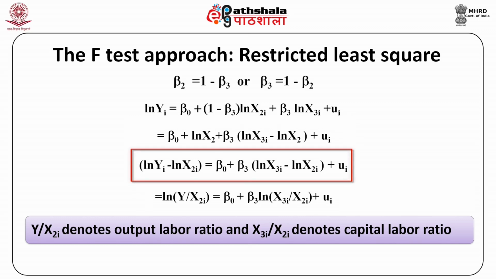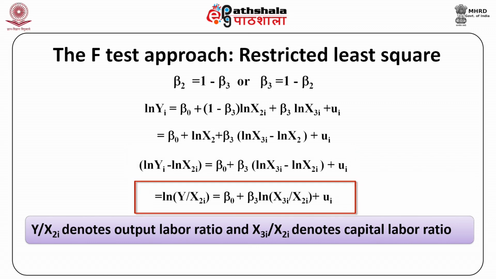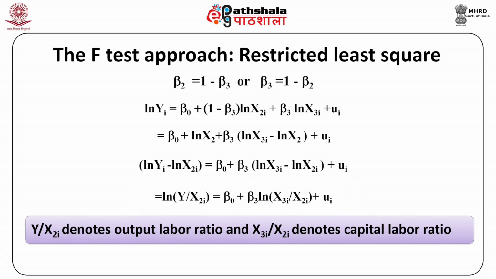Ln yi minus ln x2i is equal to beta 0 plus beta 3 bracket open ln x3i minus ln x2i bracket close plus mu i, or ln y divided by x2i is equal to beta 0 plus beta 3 ln x3i divided by x2i plus mu i. Here y divided by x2i denotes output labor ratio and x3i divided by x2i denotes capital labor ratio. To test the validity of the restriction, we use the F-test.